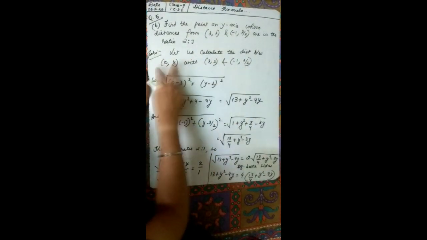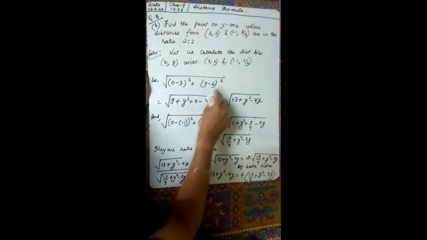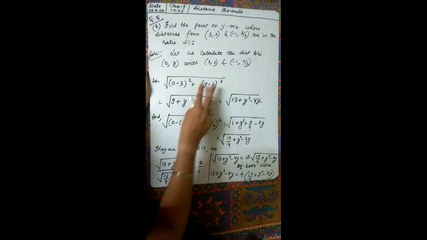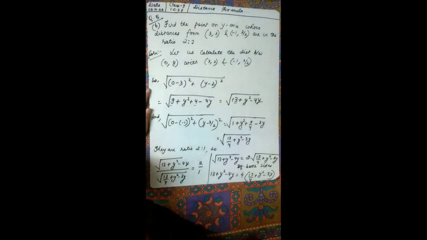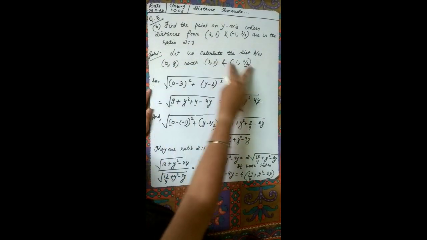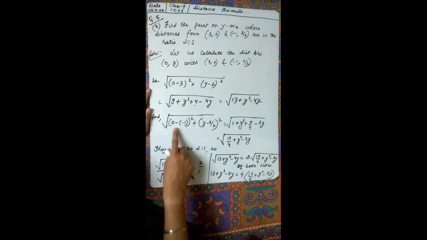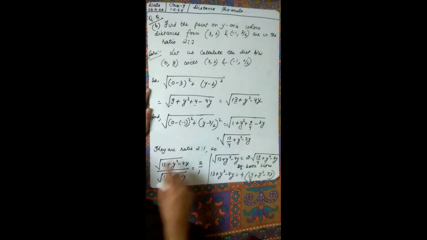Taking these 2 points first, (x1 minus x) whole square plus (y1 minus y) whole square, this will give you 9, and opening this bracket we get this much. 9 plus 4 you will get 13 plus y square minus 4y. Keep it as it is. Now calculate the distance between this and this point. So (0 minus 1) whole square plus (y minus 3/2) whole square.